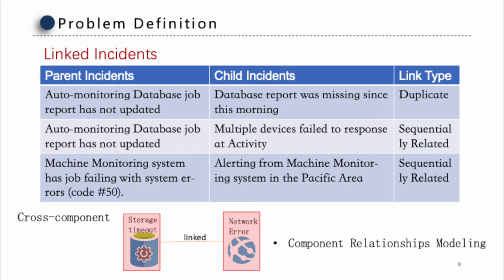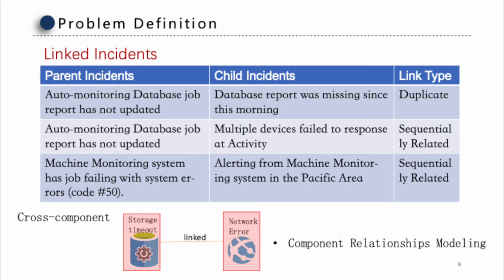The second type is the sequential incidents. In large online service systems, different components work jointly to support several online services. It's common that one incident may affect the functionality of another, which leads to incidents that happen sequentially. For example, if the storage of a cloud system broke down, many products running on the cloud system would probably be impacted.